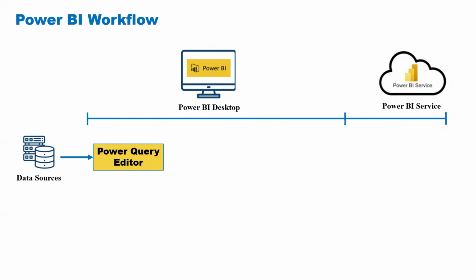Then, we'll use the Power Query Editor to clean, transform, and shape that data. Next, we'll move into the data model, where we'll combine different tables and create calculations. Finally, we'll switch to the report view, where we design visuals, charts, and the user interface. In short, Power BI Desktop is where we prepare, model, and visualize your data before publishing it to the Power BI service.